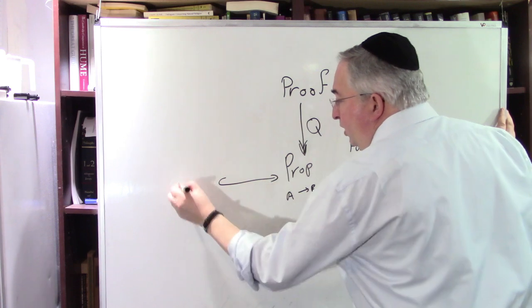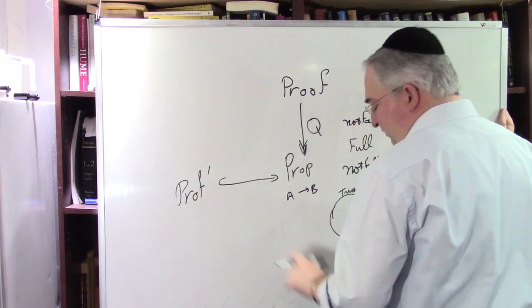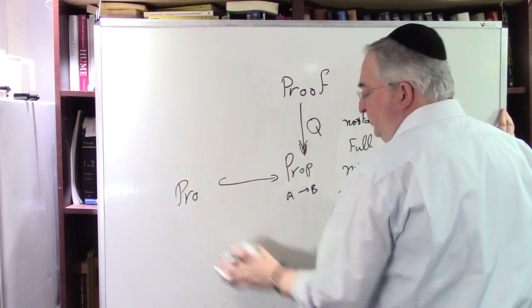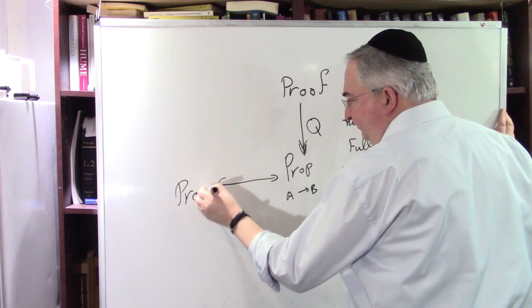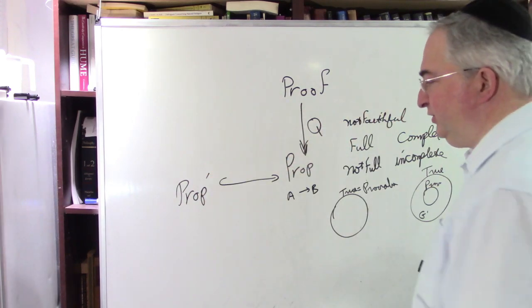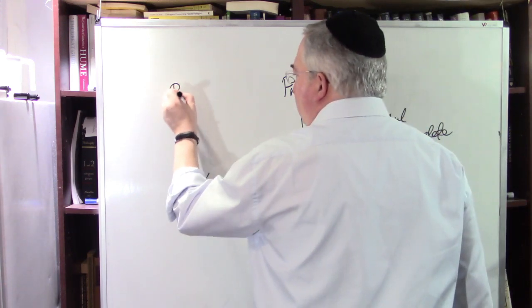But we can also talk about something else. We could talk about two different types of systems. One logical system and another logical system, and you can think of this as a sub-logical system of that.